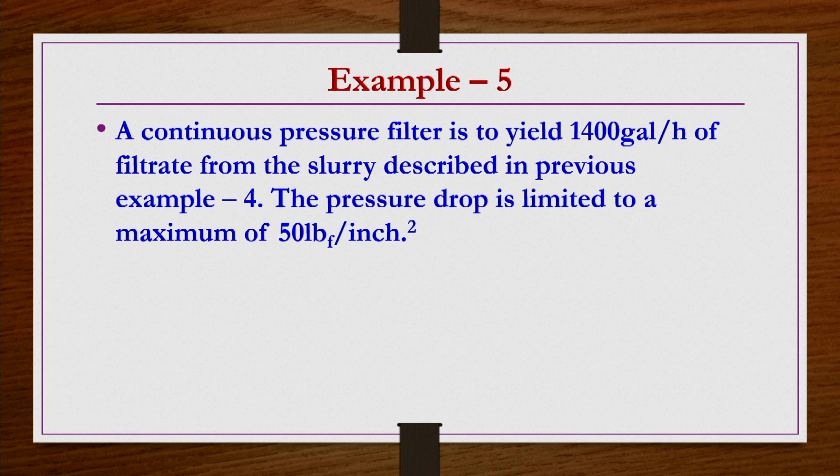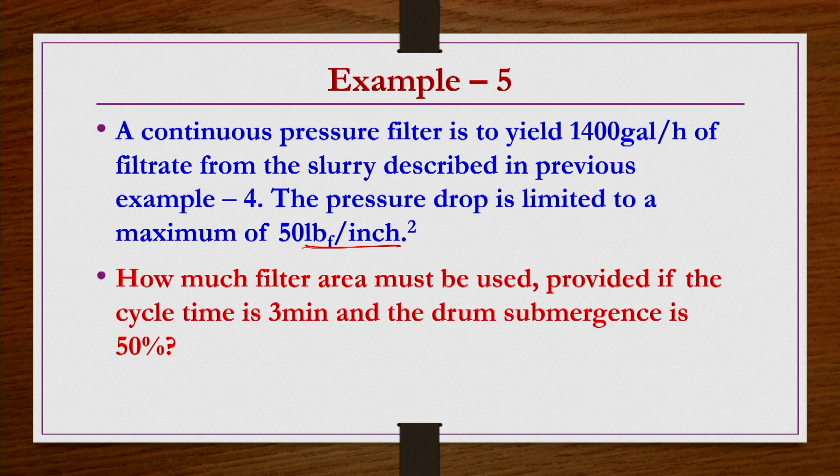The pressure drop is limited to a maximum of 50 lb force per inch square. In the previous problem, the pressure drop was 70 lb force per inch square, but here in this problem it is restricted to 50 lb force per inch square. How much filter area must be used if the cycle time is 3 minutes and drum submergence is 50%?